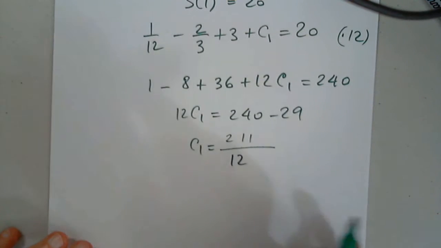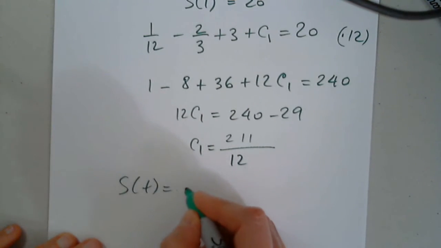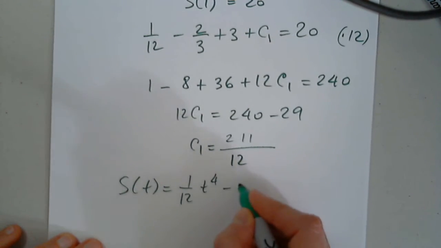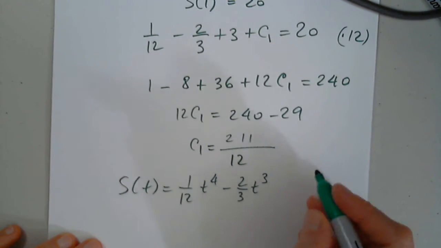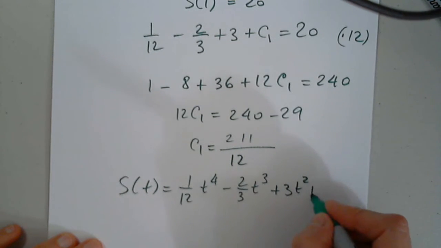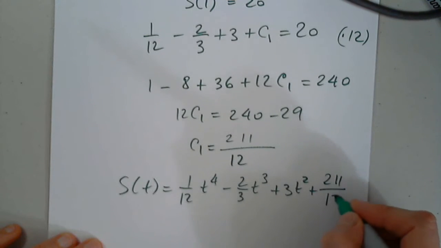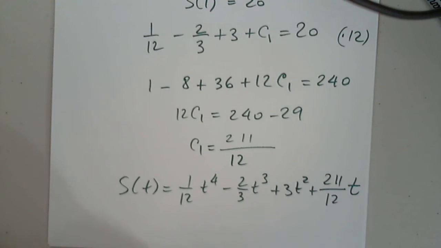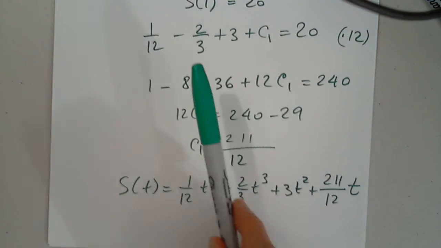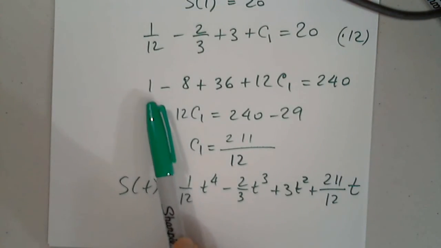Correct my numbers. So S of t equals 1 over 12 t to the fourth minus 2/3 t to the third plus 3 t squared plus 211 over 12 t. Are my numbers correct? I'm checking. So this is correct.